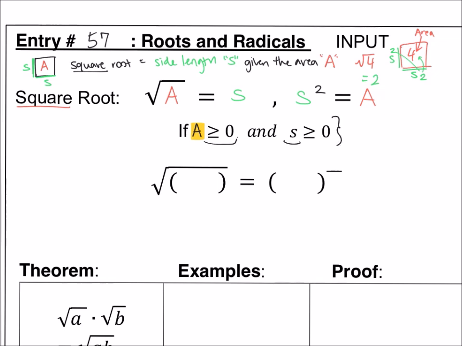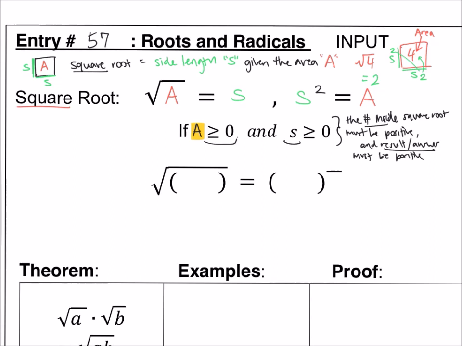So this condition is saying that the number inside the square root must be positive, and the result or answer must also be positive. Whenever you're dealing with square roots, you can only get positive results, and 0 is included in that.